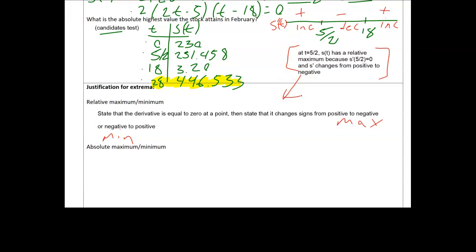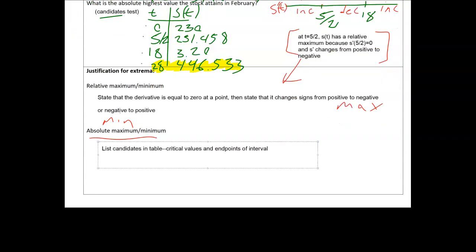For an absolute maximum and minimum, that's what we did here, right? So for the absolute maximum and minimum, we're actually going to make a table. And that table is going to be all the critical values, so where the derivative is equal to 0 is a critical value, and the endpoints of the interval, right? So it's just like we did in our second example.